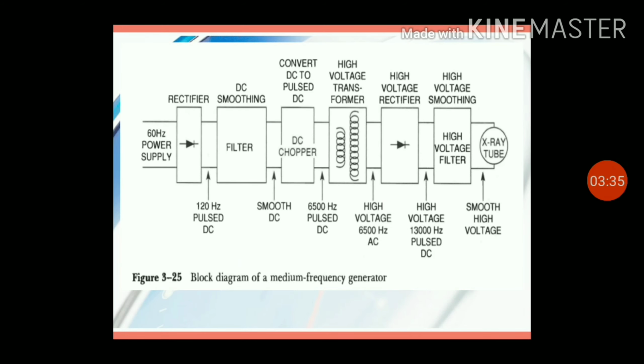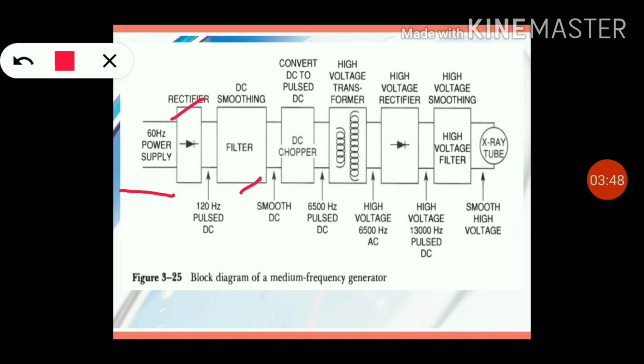Now again I will give you the overview: the incoming power supply is 60 Hz from our standard input system, and this current is then rectified. Then it is smoothed by the filtration, and this direct current is fed into the DC chopper. What is the DC chopper? It will convert the smooth DC into a chopped DC with a frequency of 6500 Hz pulsed DC.